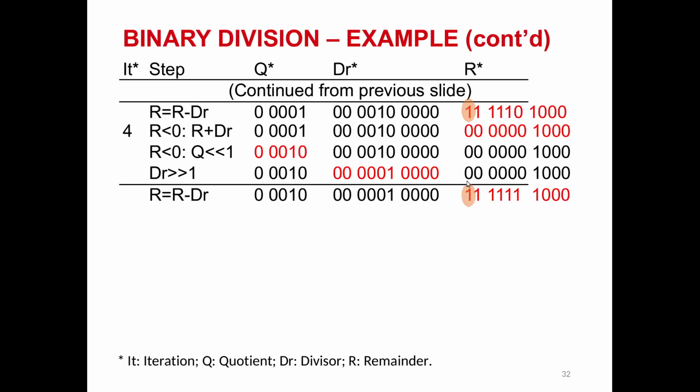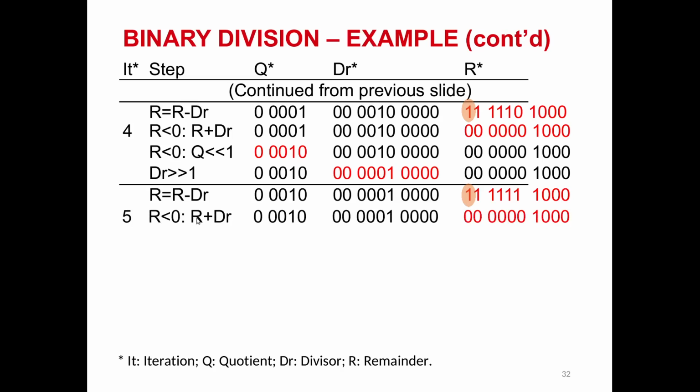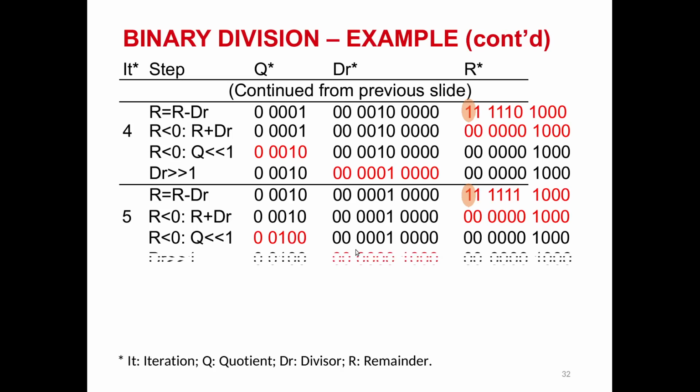This bit value, the most significant bit, is 1, which implies that R is smaller than 0, so we need to revert R to the previous value by adding DR back to it. We also change the Q value by shifting it to the left with 0 pushed in on the right, so it changes to 0 0 1 0 0, and then DR must be shifted 1 bit to the right.